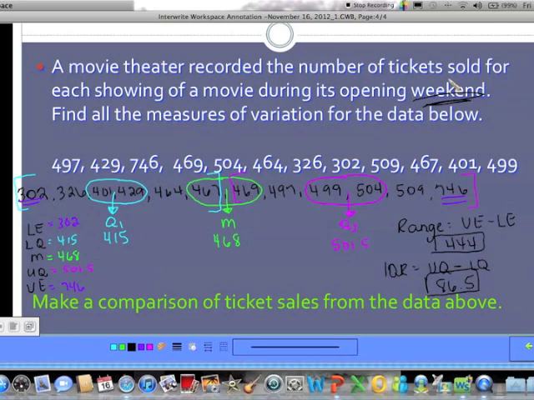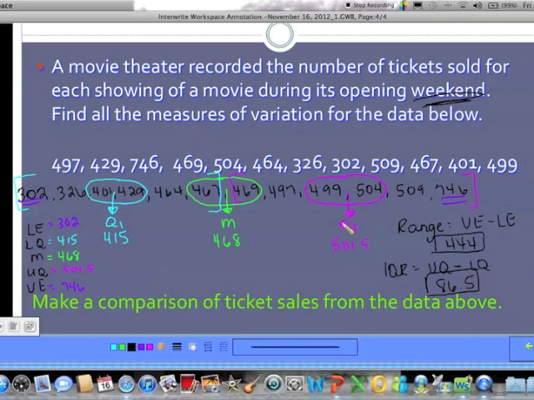So what I can conclude from this information is that the median, the middle number of tickets sold for the weekend, was 468. The most they sold over the weekend was 746, and the lowest they sold was 302. So that is some things that I can conclude or make a comparison about the ticket sales from my data.